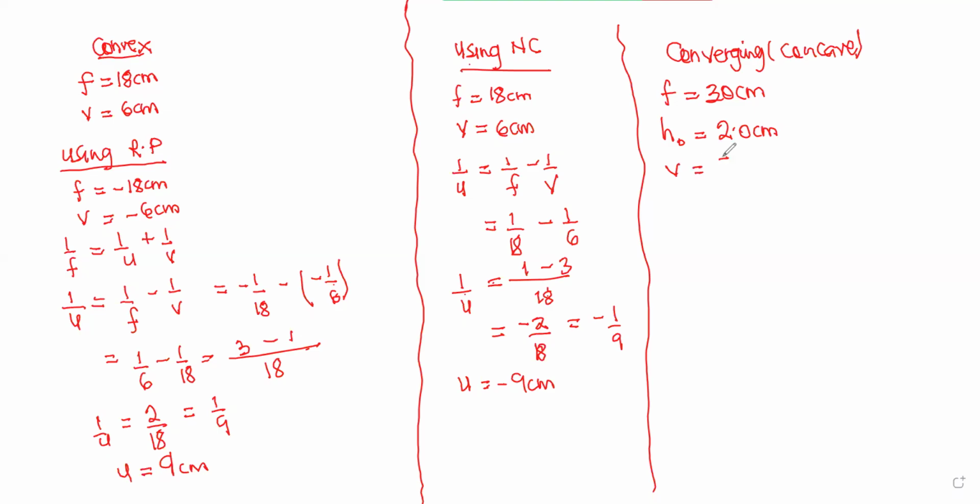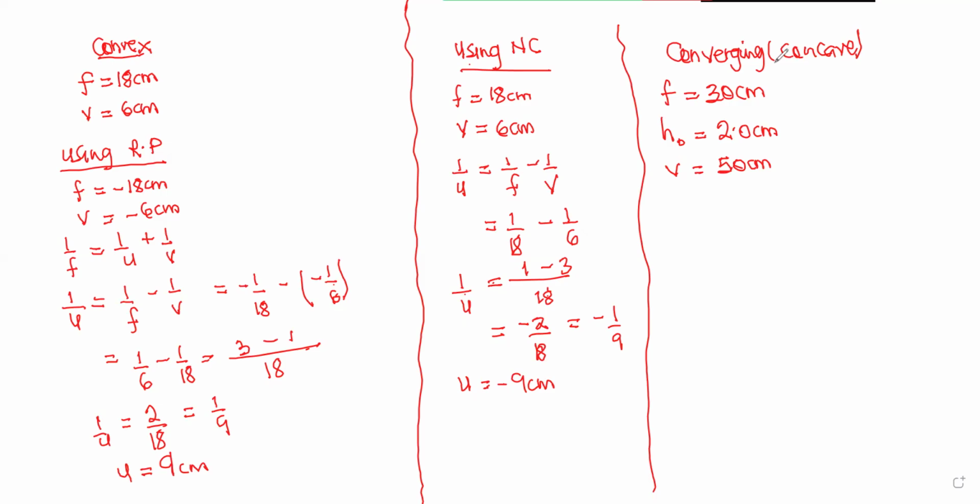So V is 50 centimeter. A, where is the filament bulb located? So A, we are looking for the object distance. And B, what is the height of the image?